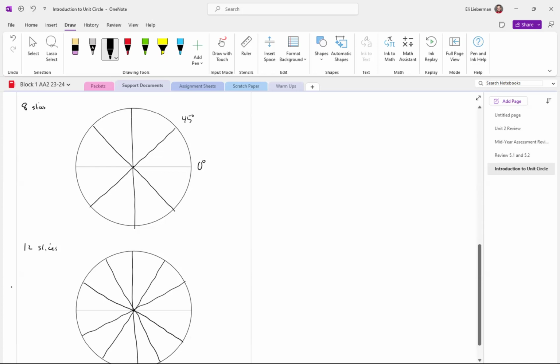Keep on going. Did I do it right so far? Up to 180 degrees. I need some help going all the rest of the way around.